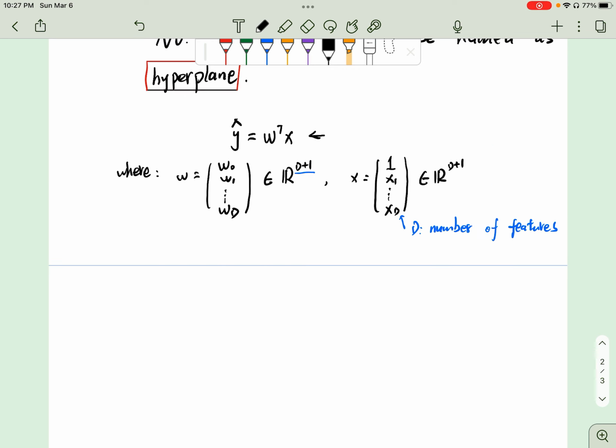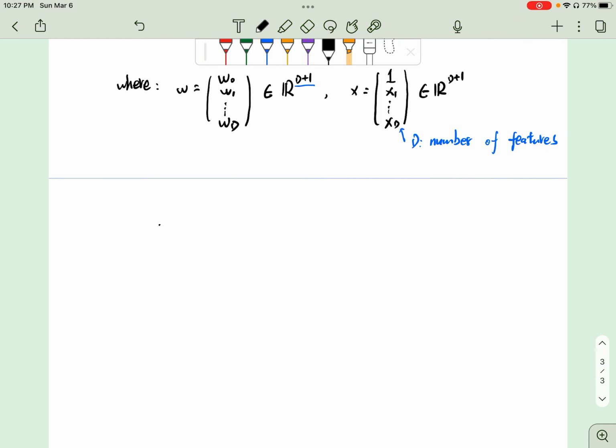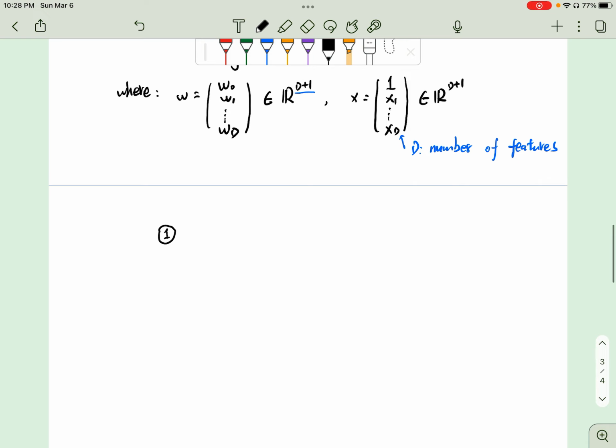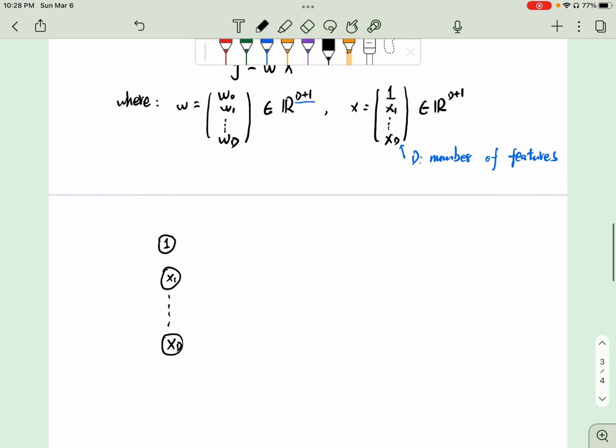I can also write this inner product in this form. I will draw a circle here, and I write it as 1. Another circle, I write it x1. And I will have xd. You may find that what I write here is just the feature vector we have.